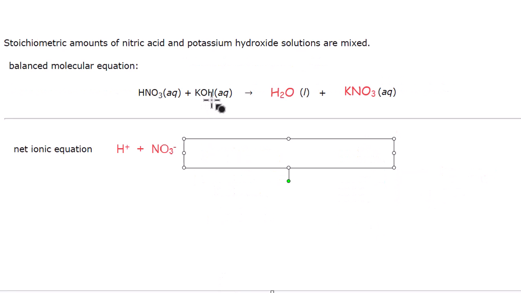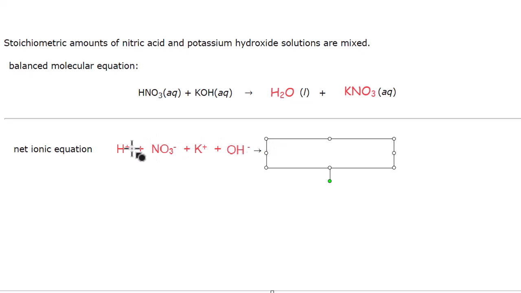The potassium hydroxide, this is a soluble hydroxide. Potassium is soluble. It will 100% ionize. And you have potassium ions and hydroxide ions. That's our reactants. When you have this solution, you don't have HNO3, you don't have KOH, you really have H plus, NO3 minus, K plus, and OH minus, all floating in solution, separate with water molecules all around them.